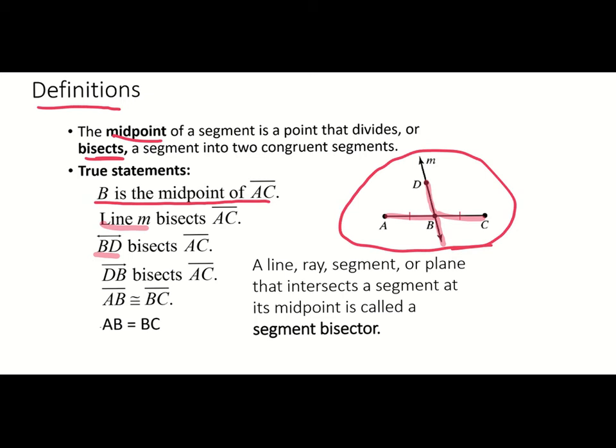And because they are congruent, even though we don't have any numbers assigned to them, when we do have numbers assigned to them, these two segments will be equal in measure. Another vocab term to help you out: a line, a ray, a segment, or a plane that intersects a segment at its midpoint is always called the segment bisector.